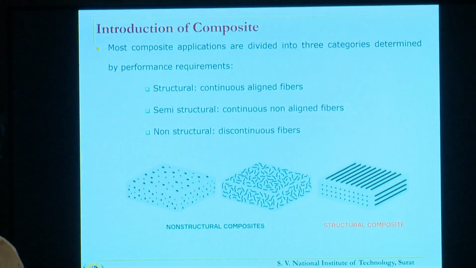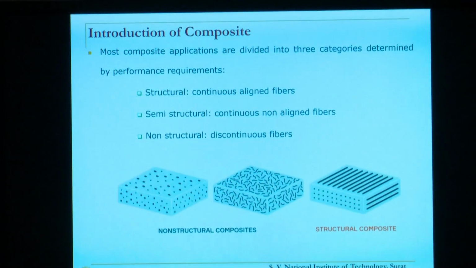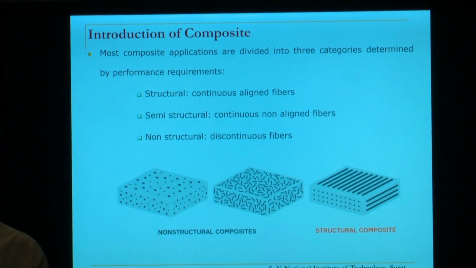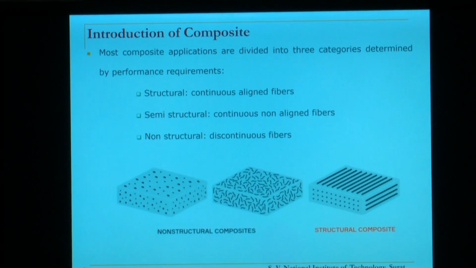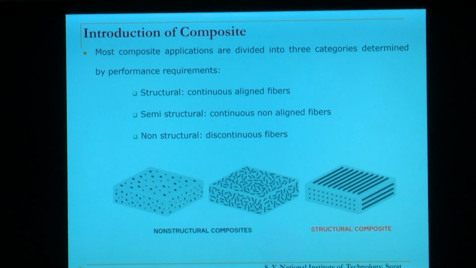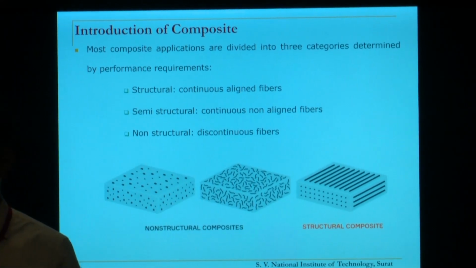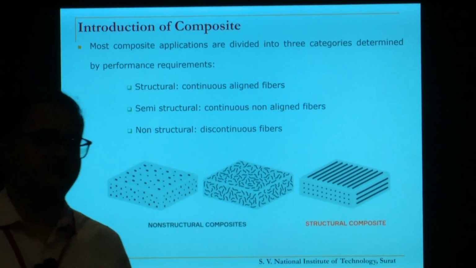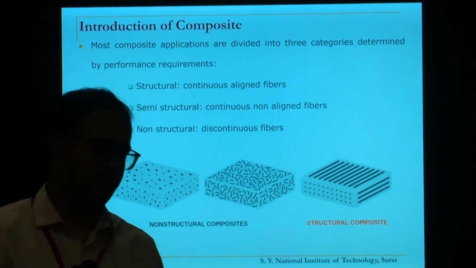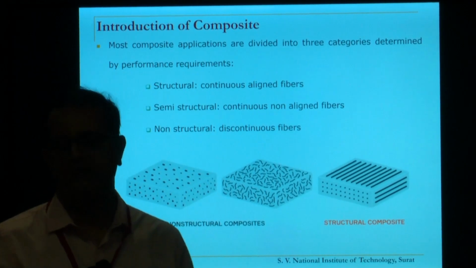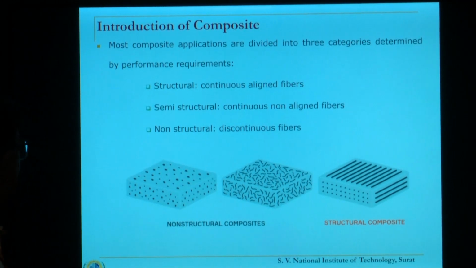different sort of applications. Those having higher applications into structural components, there we need to use the continuous fibers. So those composites with continuous fibers are more into structural parts, more into functional applications.